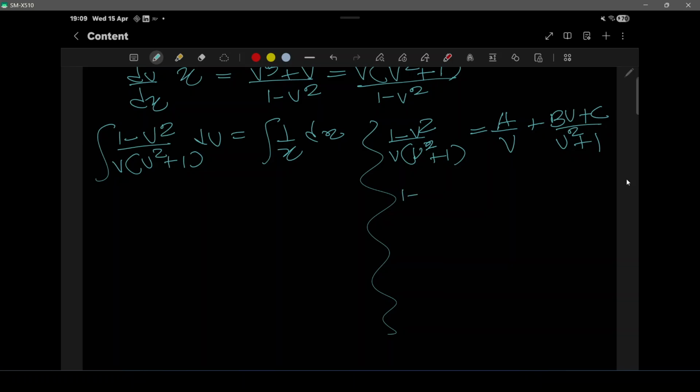So if we simplify it, 1 minus v squared should be equal to a times (v squared plus 1) plus b times v squared plus c times v. If we consider v squared terms, on the left side there is minus 1, but on the right side there is a plus b.